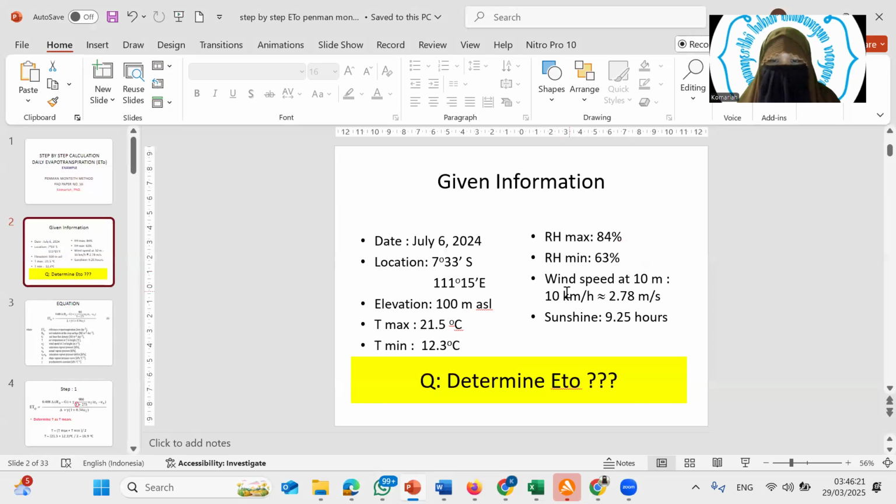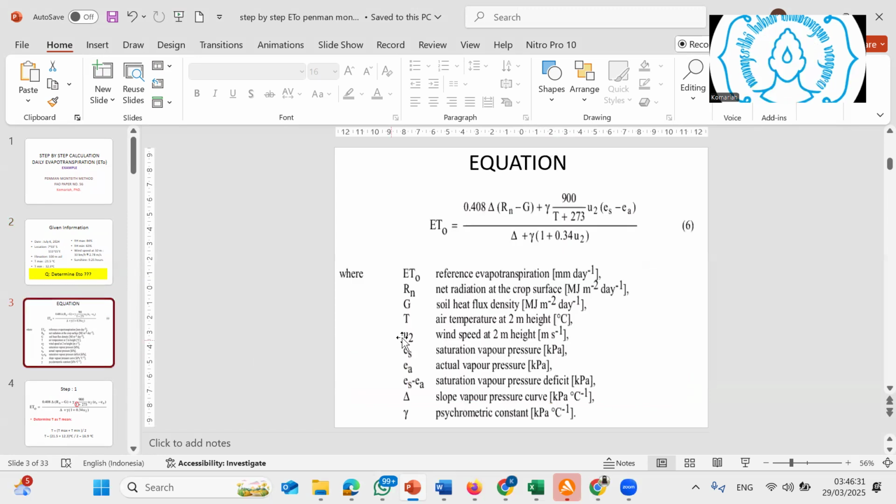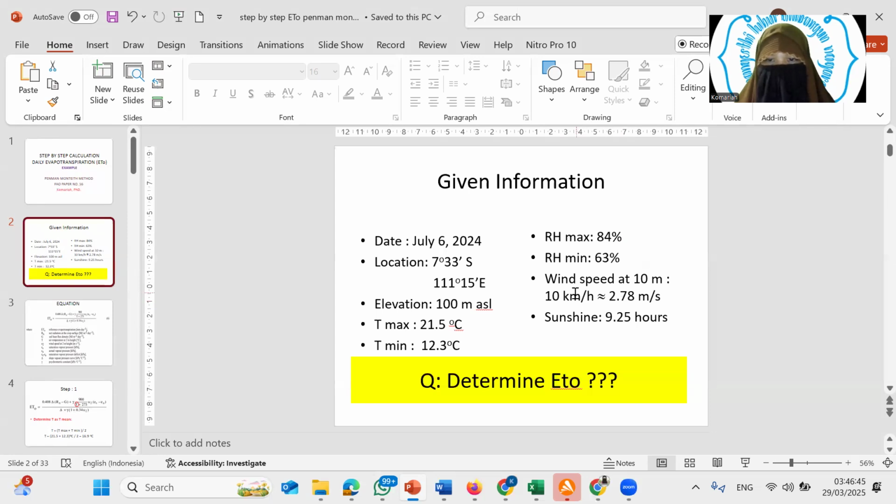The given information is 10 kilometers per hour. So we need to convert it, because U2 is the wind speed at 2 meter height with the unit meter per second. So we have to convert kilometer per hour to meter per second.